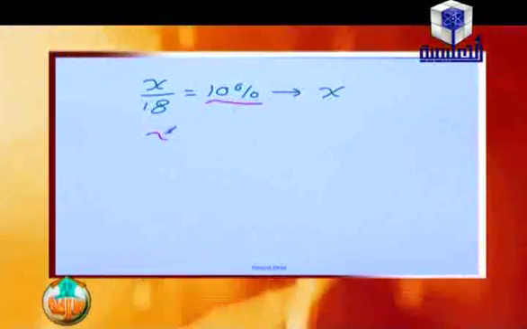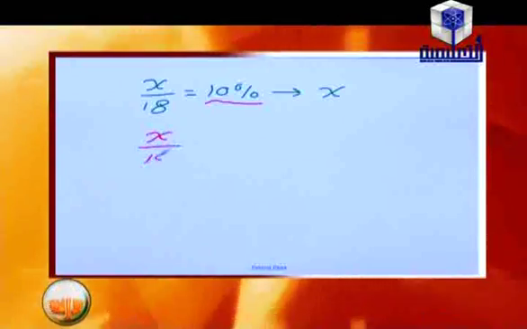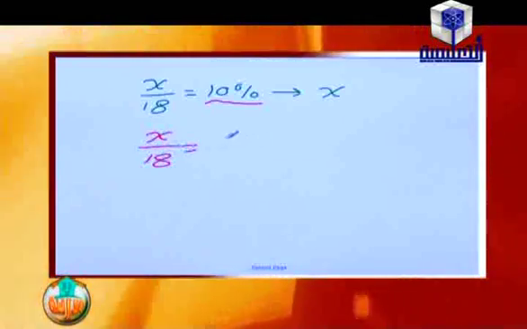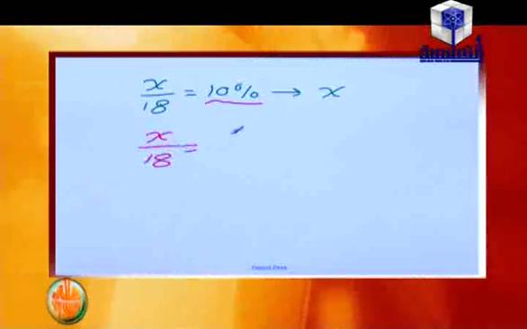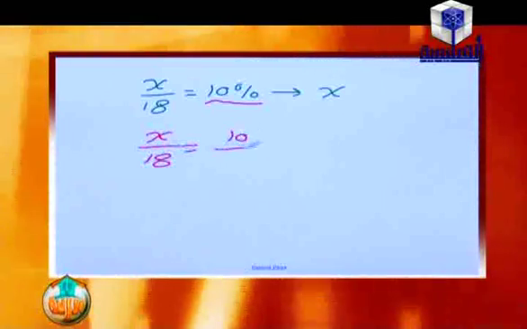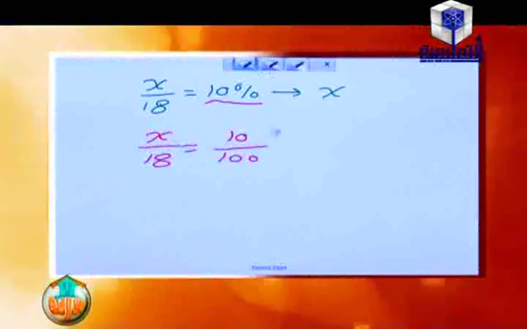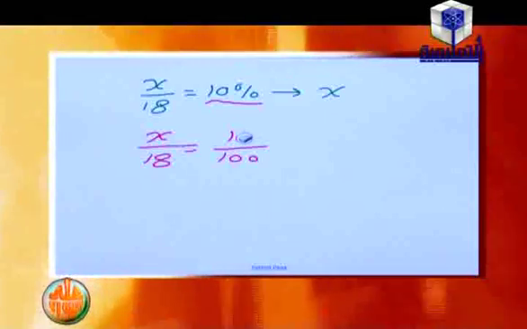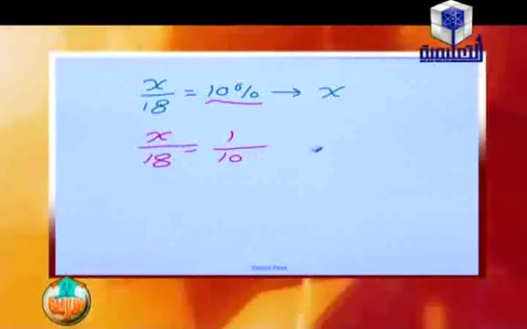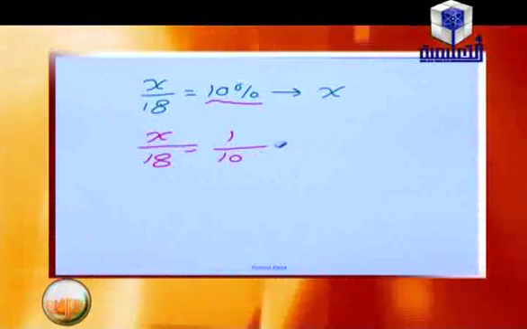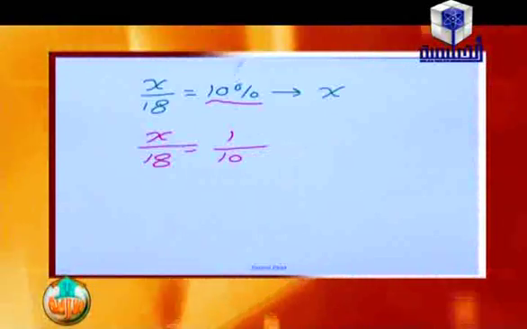Then x over 18 doesn't change while we convert 10% to 10 over 100. We studied before that we can cancel zeros one by one, one from the numerator and one from the denominator.